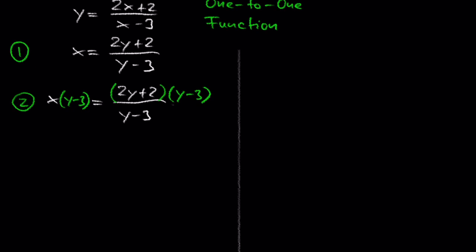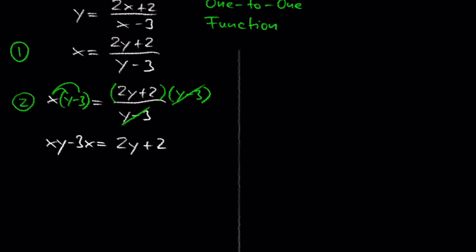Y minus 3 cancel each other out, and we can remove the parentheses by multiplying x by y, which is xy, and by multiplying x by negative 3. So we get xy minus 3x equals 2y plus 2.